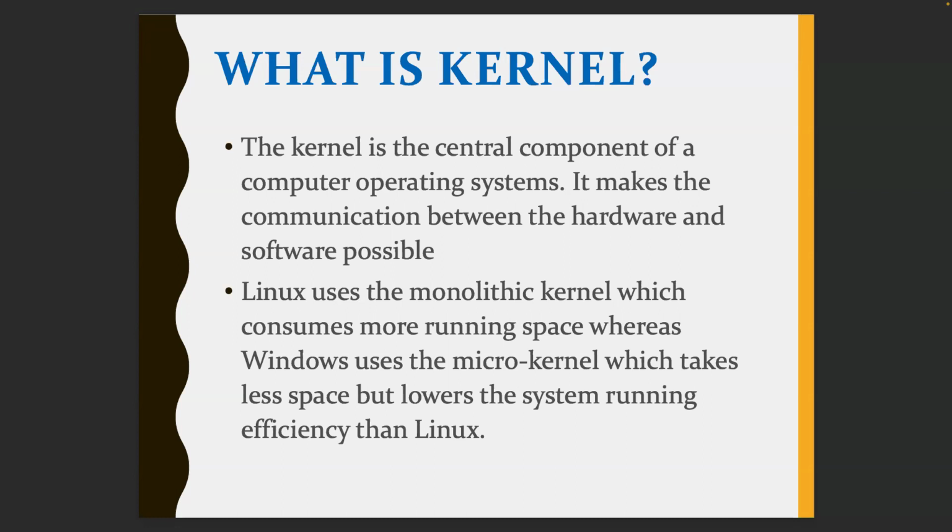Whereas Windows uses a microkernel, which takes less space, right, but performance is lower. Even though the monolithic kernel consumes more space, it is more efficient and works more effectively than in Windows. That's one of the reasons for using Linux: a more efficient kernel, which makes the processing much faster, right? So that's one of the basic differences you need to note.